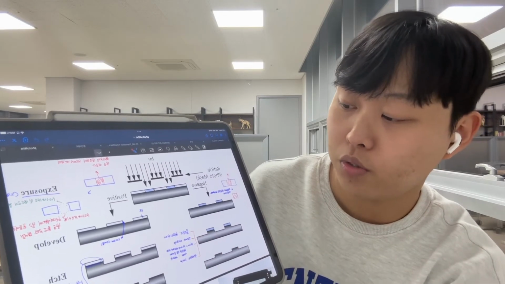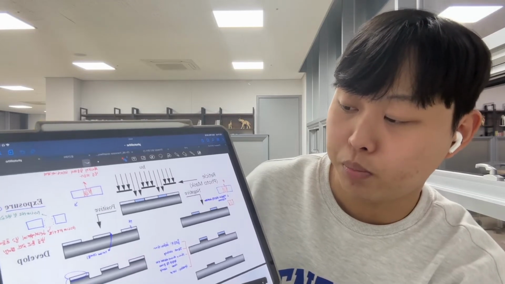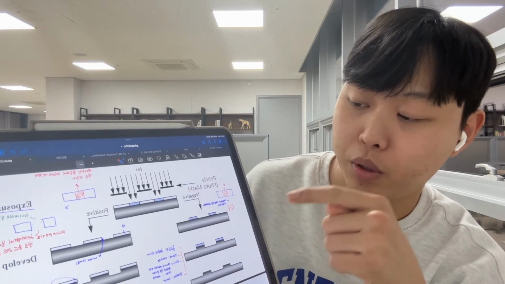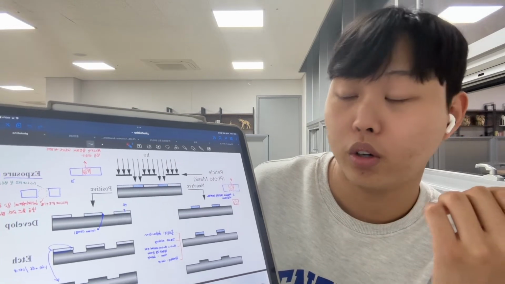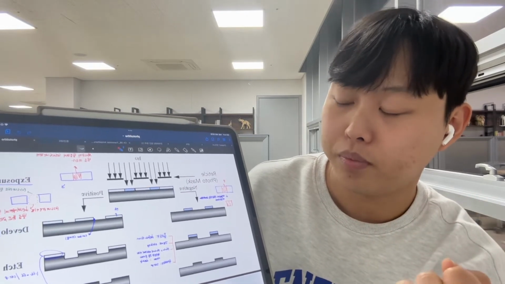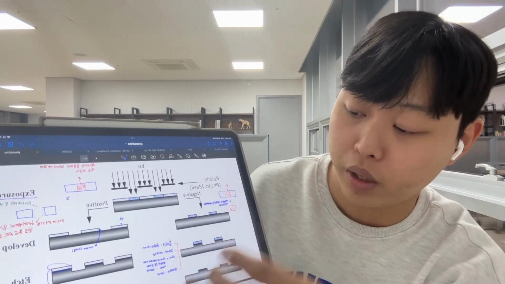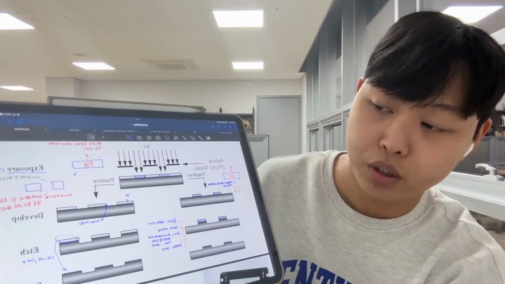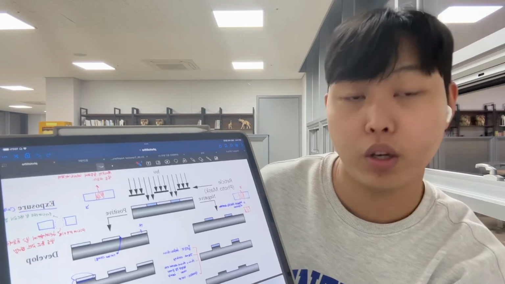On the other hand, for the negative PR, if the PR gets exposed by the light, the structure will get stronger, and the place where the light didn't get exposed will disappear, which is the opposite of the positive PR.